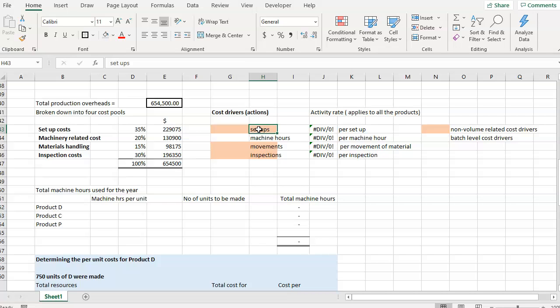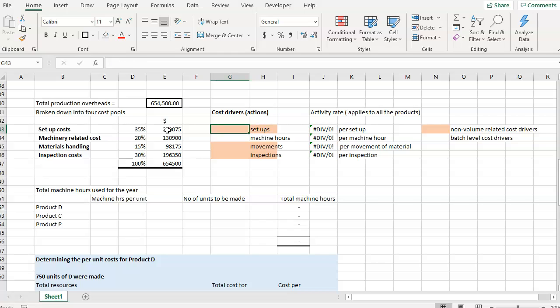Now these cost pools represent values for the whole year. Therefore, you need to associate them with the cost drivers for the whole year. Now, on the third table at the bottom of the question paper, it shows you 3 of those cost drivers. And it also shows you how much of those cost drivers were actioned during the year.